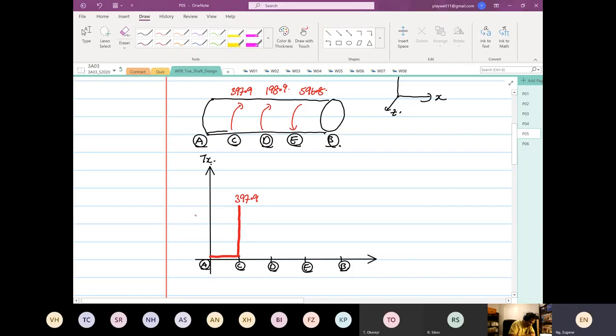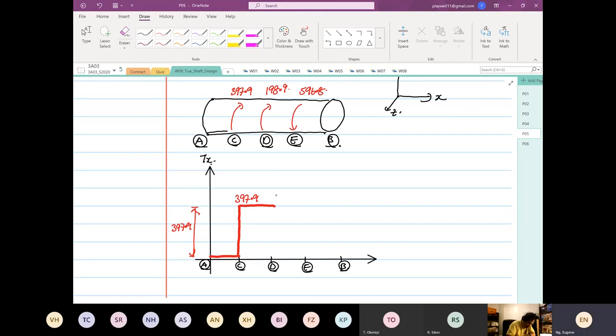So the height from here to here is 397.9. Then from C to D it will flat line. Now at D we add 198.9. Now this 198.9 is cumulative.